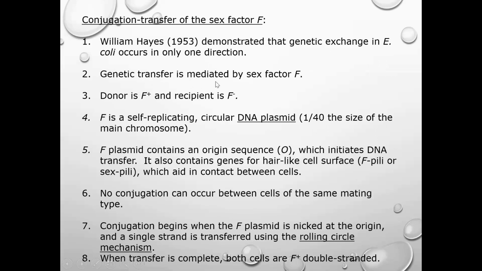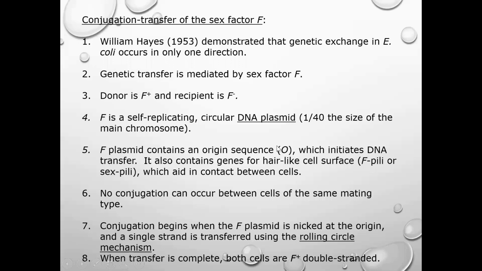The genetic transfer is made in the F plus cell. F is a self-replicating circular plasmid, and the F plasmid contains the origin of transfer, where the initiation of the transfer starts.